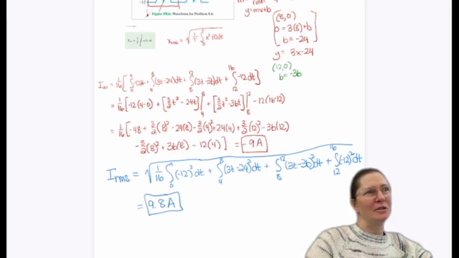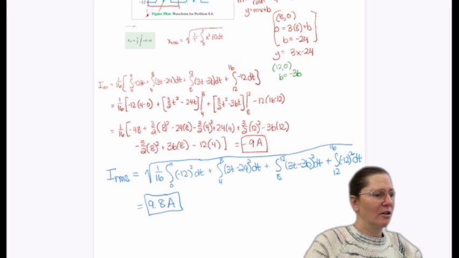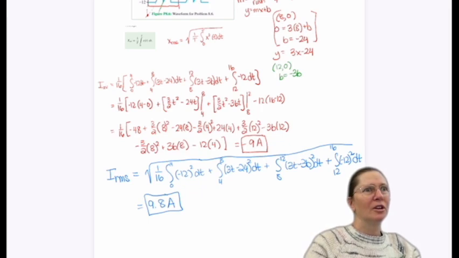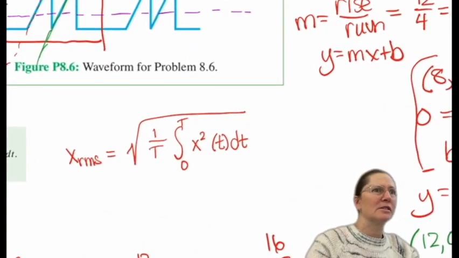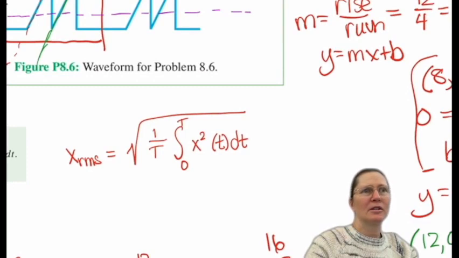Does that help? Do we need to know the average before we find the RMS? No. We just use that technique with the equation squared. So instead of taking, for example, -12 from the integral 0 to 4 plus whatever, it would be -12 squared from 0 to 4.